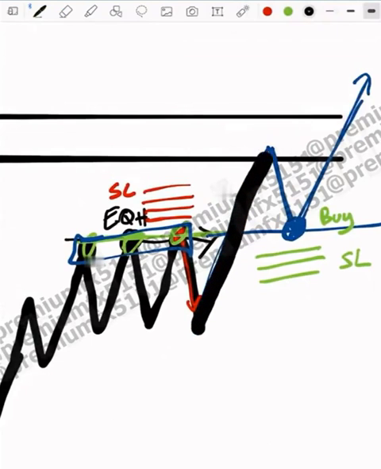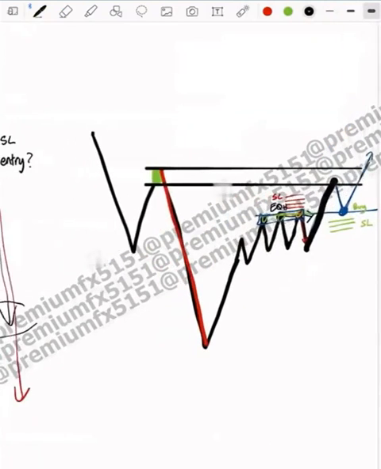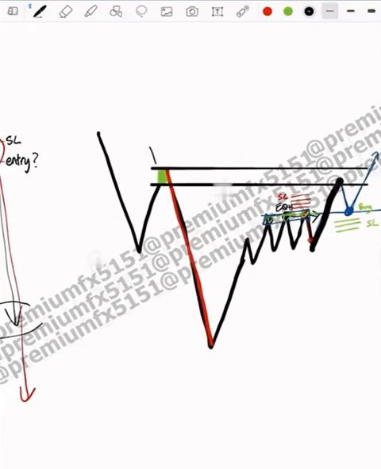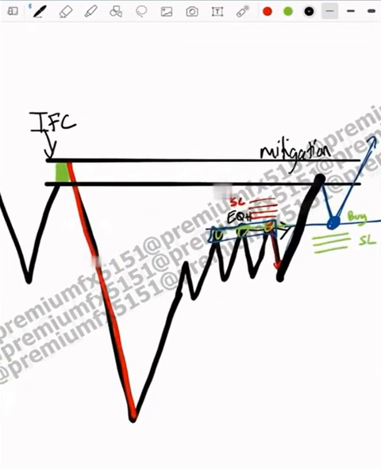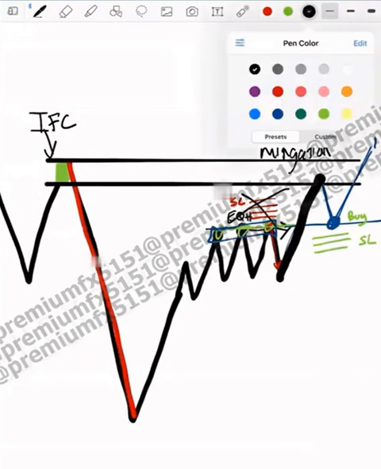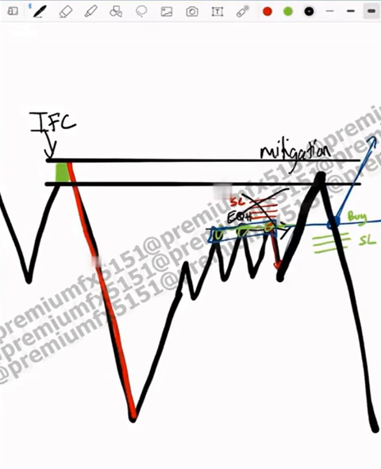Price shoots up, mitigates the IFC over here. So we have that price shoots up, and what does it do? It takes out the sellers in the market. It takes out the seller stop losses, does a mitigation, and then continues down, right? And makes a new low, etc., etc.